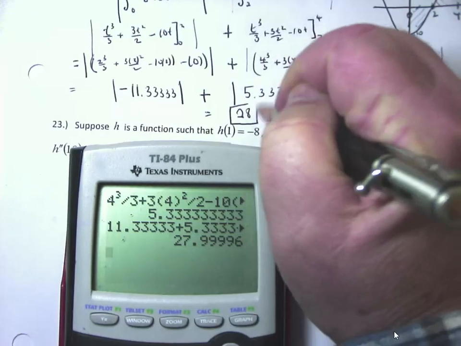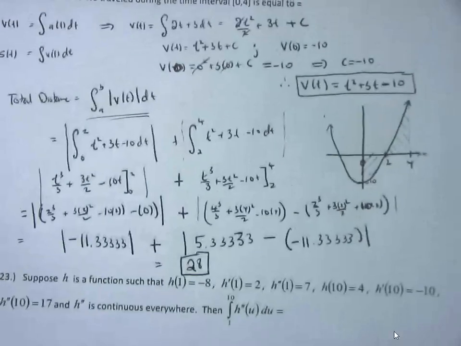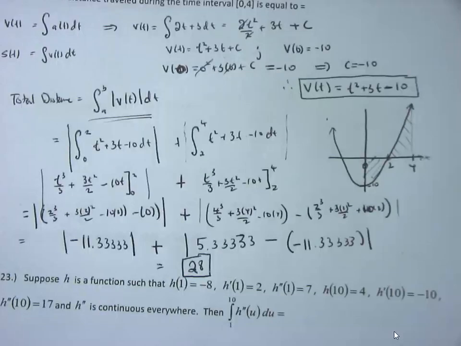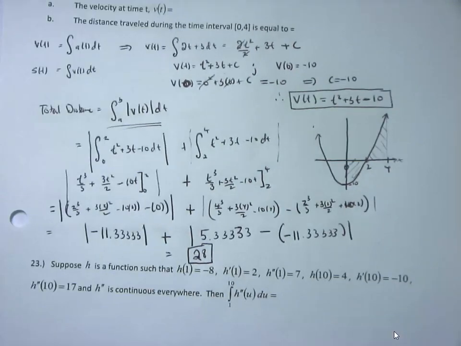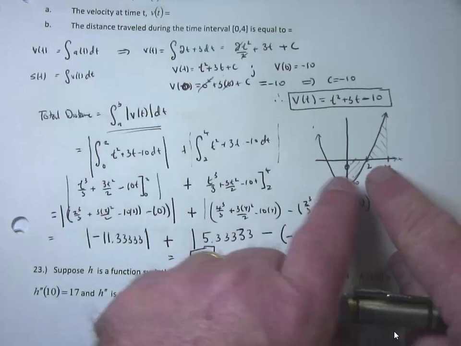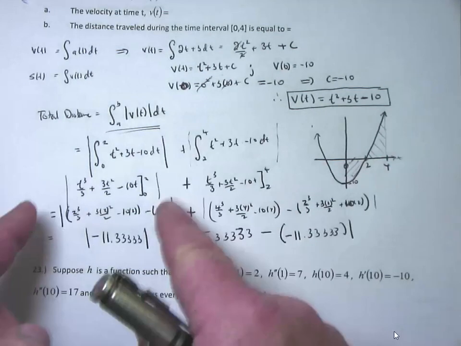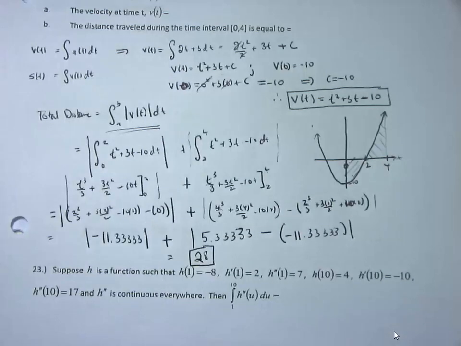The answer is 28. And I didn't put units on this thing, but if I did, it would be a distance, so 28 feet, 28 meters, 28 miles, 28 kilometers, whatever it happens to be. But the trick is, you got to break apart your negative regions from positive regions and take the absolute value of the negative region so you can get total distance or total area. That's the trick on total versus displacement.